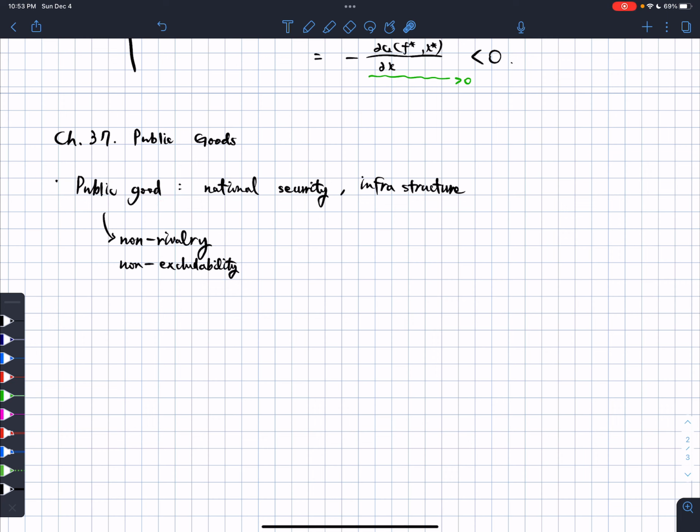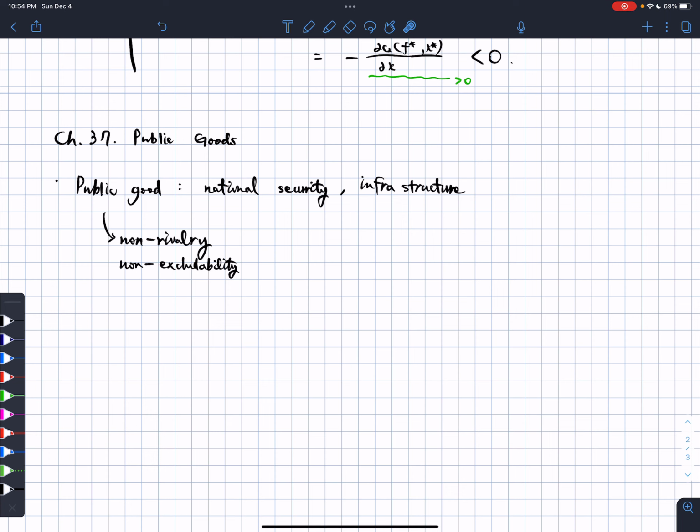Our common sense tells us that, given these features, if my neighbors or fellow citizens contribute to good national security, then I would probably want to free ride, because even if I don't contribute, there is enough contribution from my fellow citizens, and I will still be able to enjoy the benefit of national security because of these two features, right?